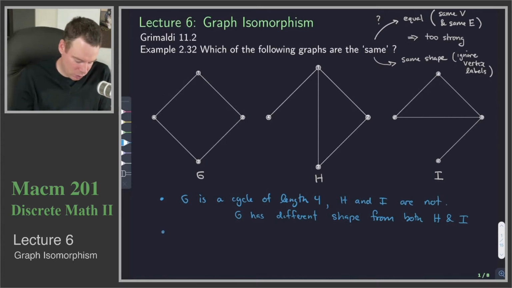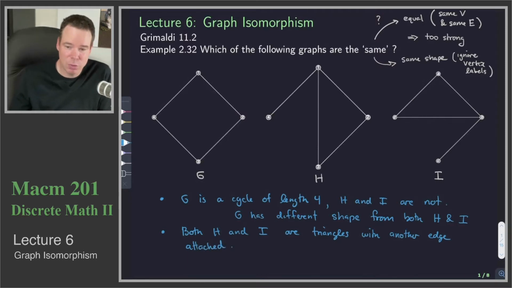But what about H and I? Well, both H and I are triangles. That's just another way of saying a cycle of length 3. So they're both triangles with another edge attached. So they have the same shape.